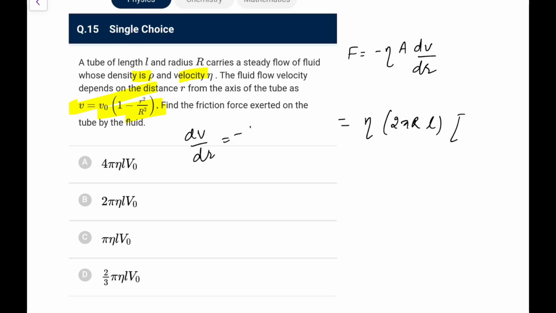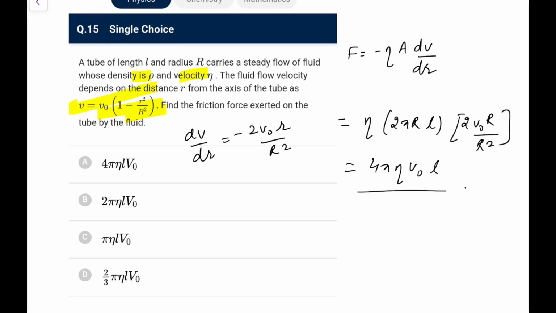It would be minus 2 V naught r by R squared, so the minus will drop out, giving 2 V naught r by R squared. For the friction force on the tube, the radius becomes capital R. So it comes out as 4 pi eta V naught L. I can make it out, so it would be option A. Not an easy one. It is also a slightly confusing one for you.